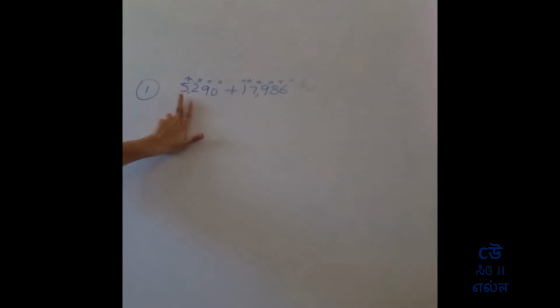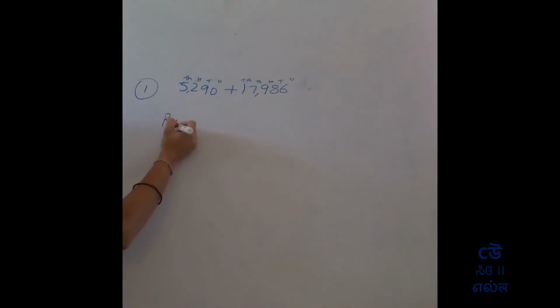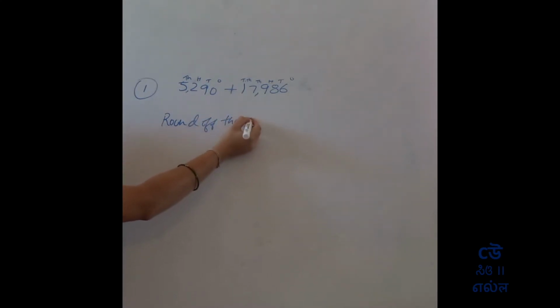If they have not mentioned to which place we should round off, you have to see the common place which we have. We have the common place in thousands, so we'll round off the numbers to the thousands place.